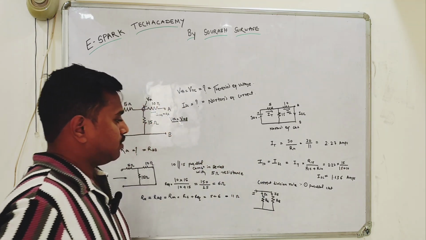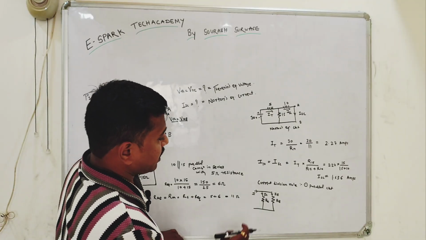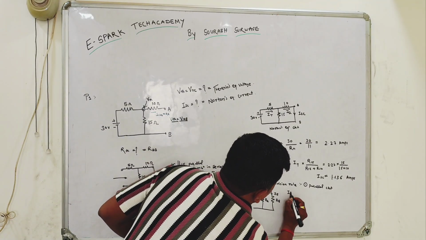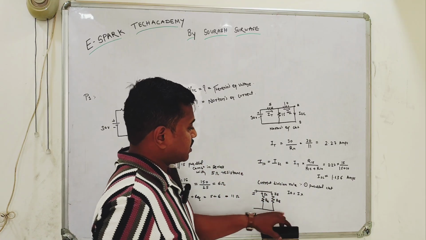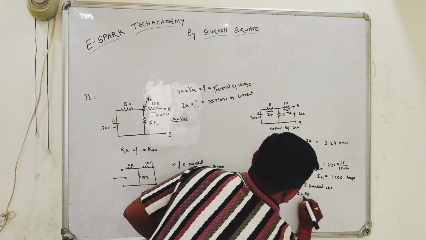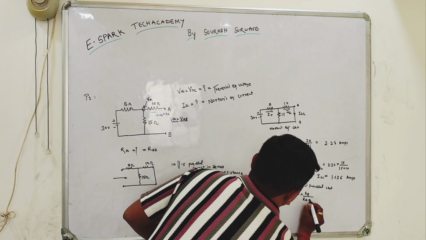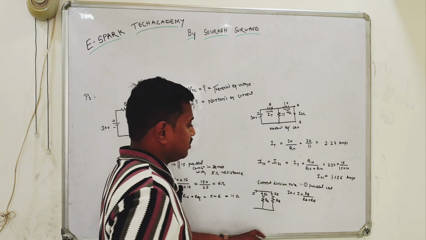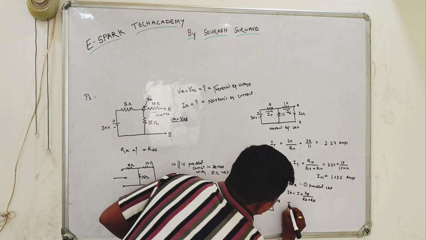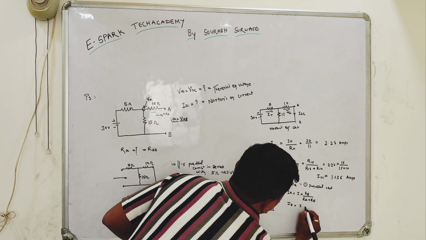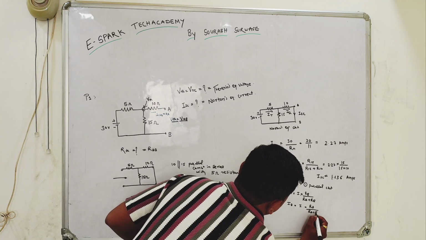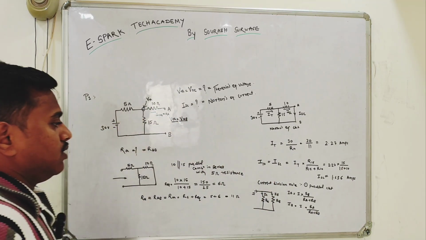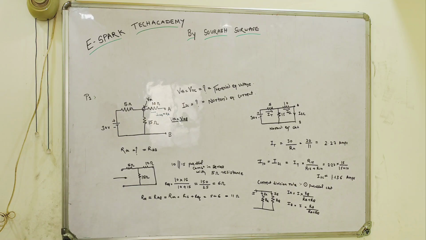In the current division rule, to calculate IA, it is the total current I into the opposite resistance RB divided by RA plus RB. In the same way, we will calculate IB by taking the other resistance. This way you will find out the current through the current division rule.